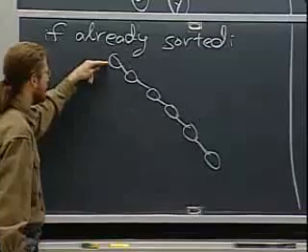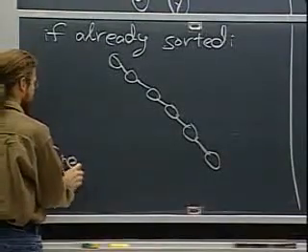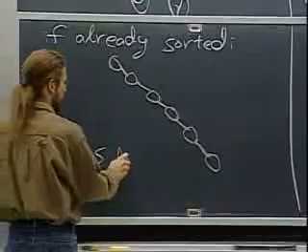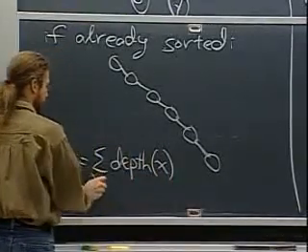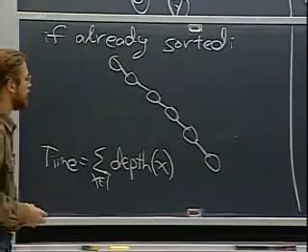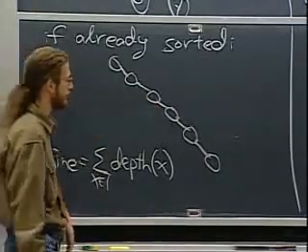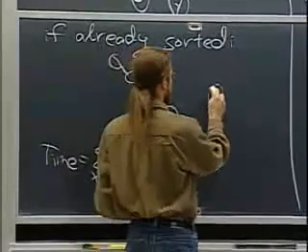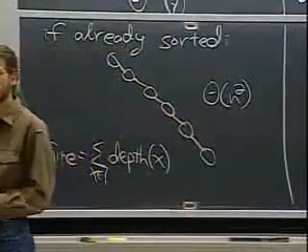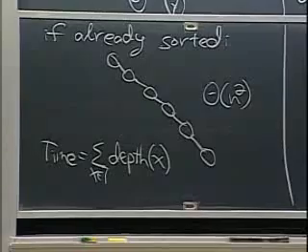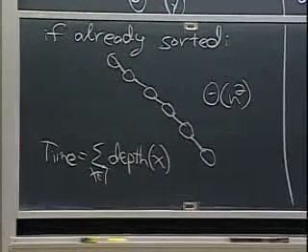And you compute, so the total cost, the time in general, is going to be the sum of the depths of the nodes, for each node x in the tree. In this case, it's 1 plus 2 plus 3 plus 4, this arithmetic series. There's n of them, so this is theta n squared. It's like n squared over 2. So that's bad news. The worst case running time of this algorithm is n squared.